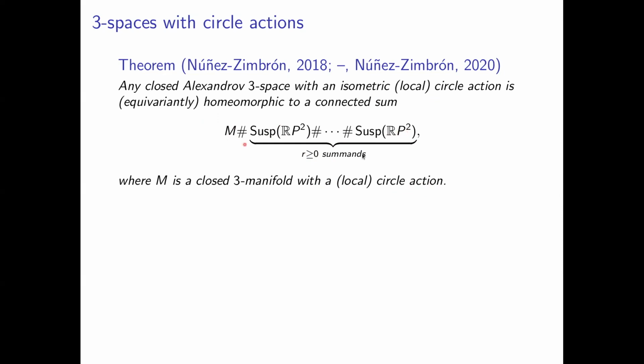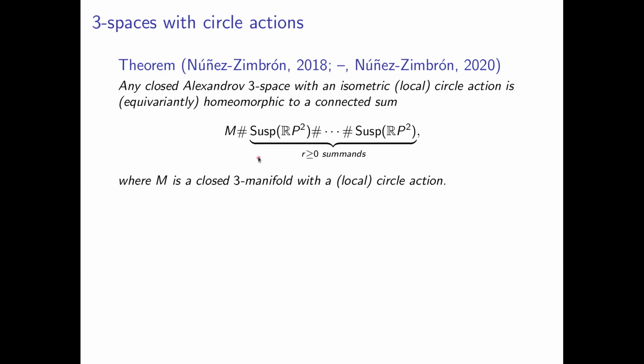But you can think of this as saying that all the topological singularities of such a space actually come from taking connected sums with the suspension of RP2. And what's most important is that the action has certain invariants that one can read off the orbit space, and this determines completely the homeomorphism type of these spaces.